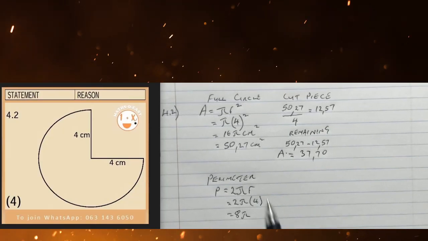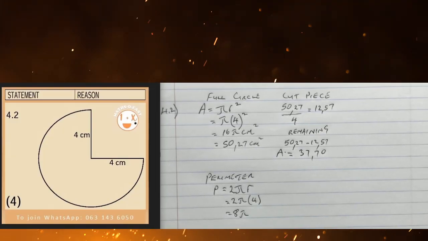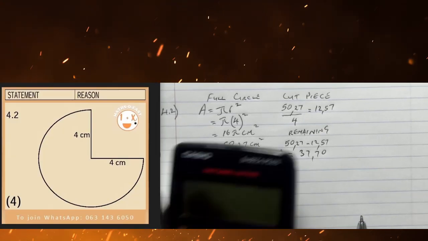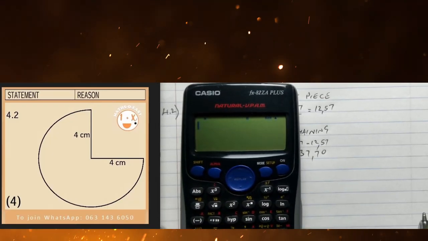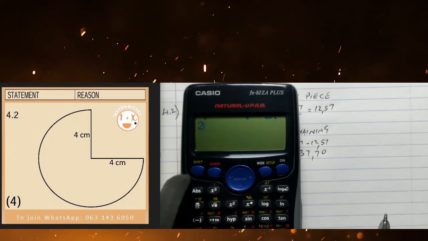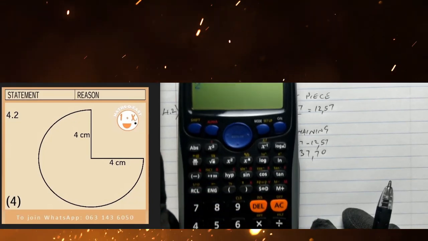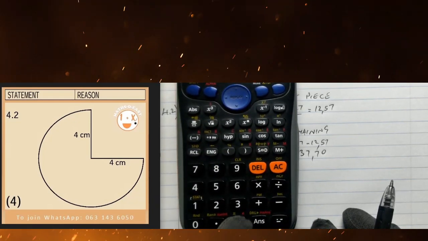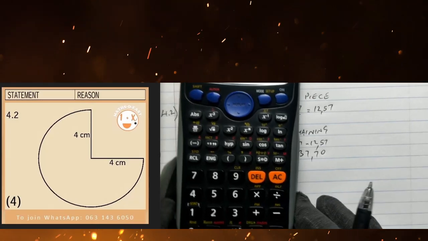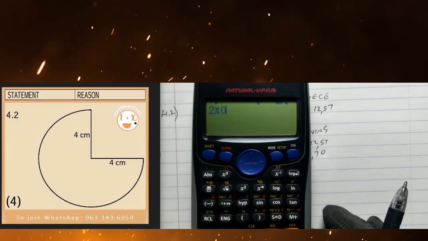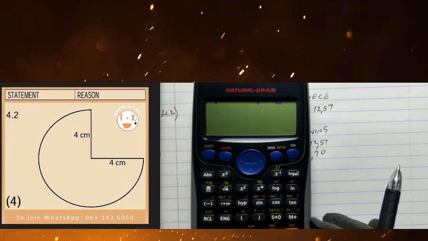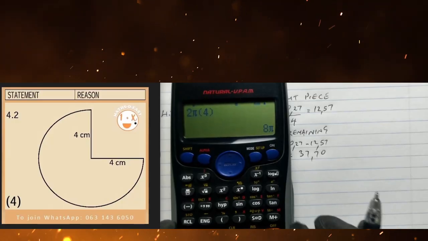I think it's going to be half of that. Let's see. I go 2, then shift, pi, then my r, which is 4. What do I have? I have 8 pi. And then what is 8 pi?